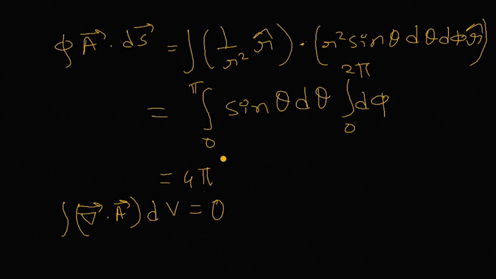So if the divergence theorem is right, then the value should be 4 pi for the volume integration also, but we are not getting that. This is the property where this particular function becomes 4 pi everywhere except the origin.